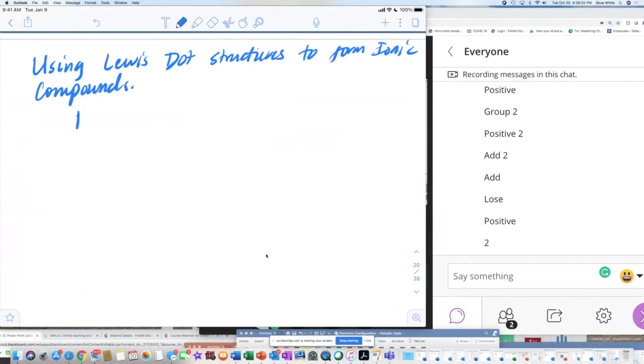Summary: number of dots equals group number.